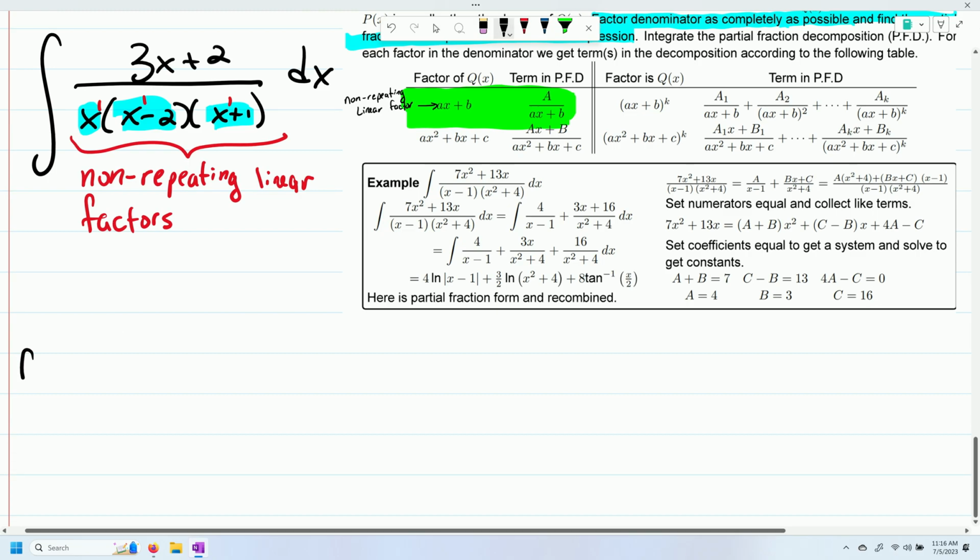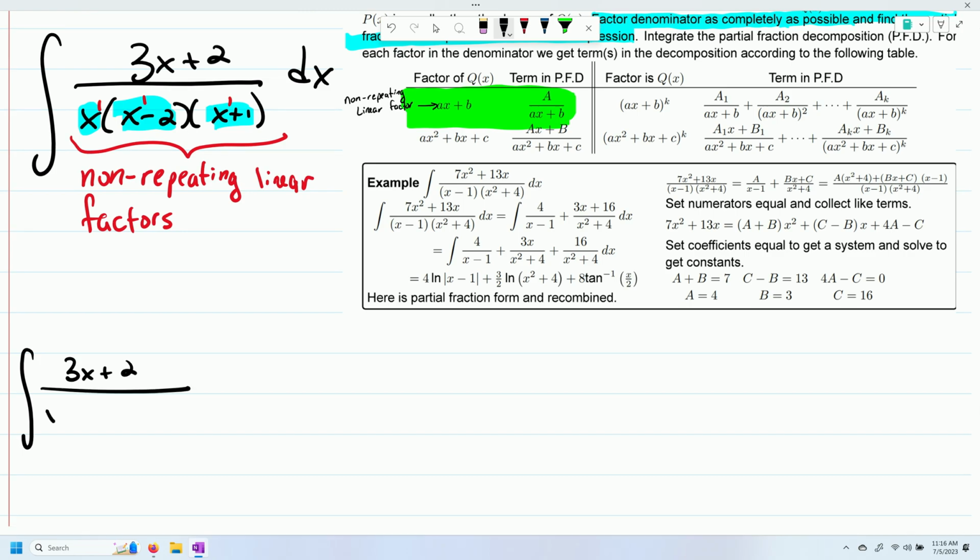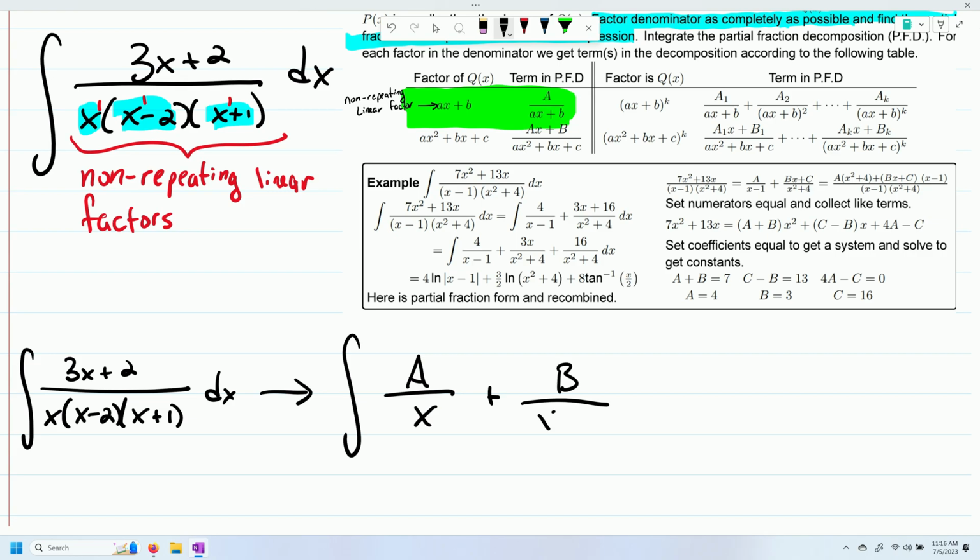I have the integral of 3x plus 2 all over x times x minus 2 times x plus 1 dx. And this is going to break up into the integral of A over x plus B over x minus 2 plus C over x plus 1 dx.